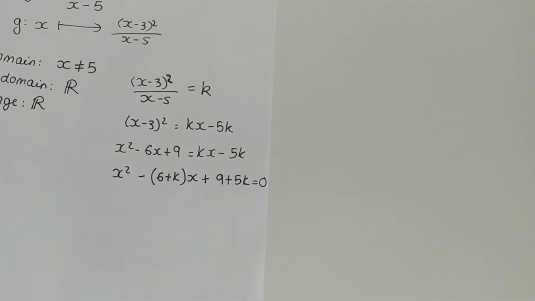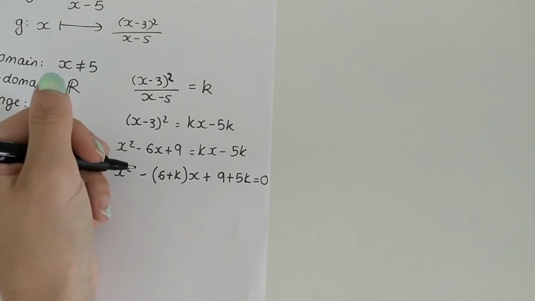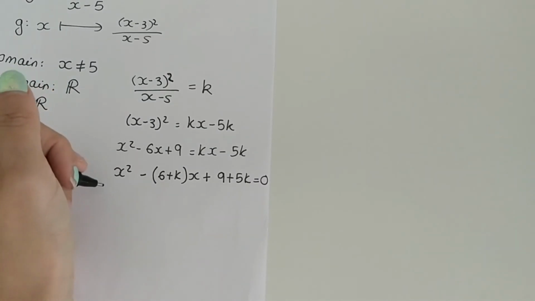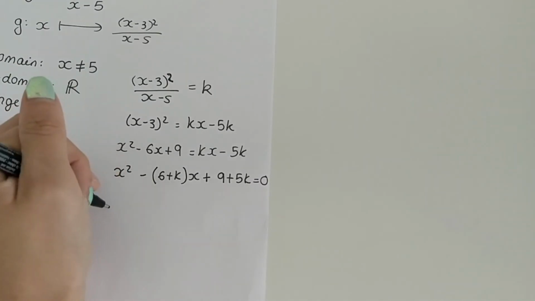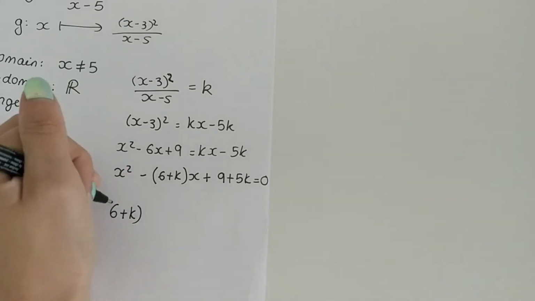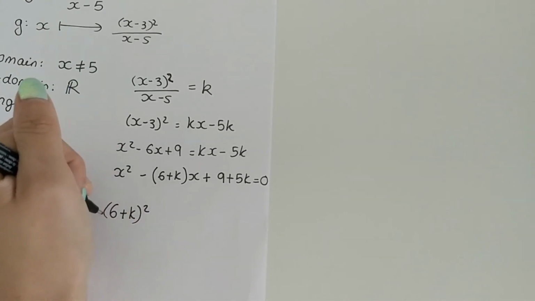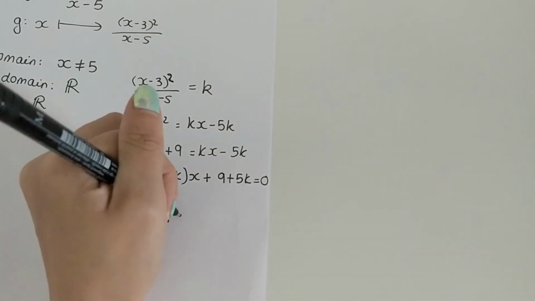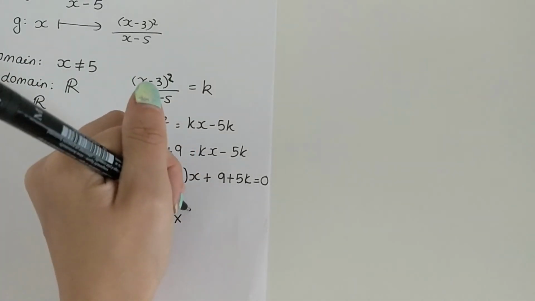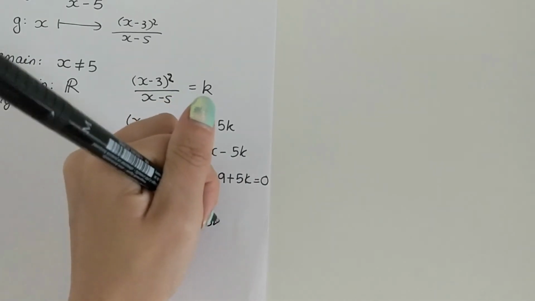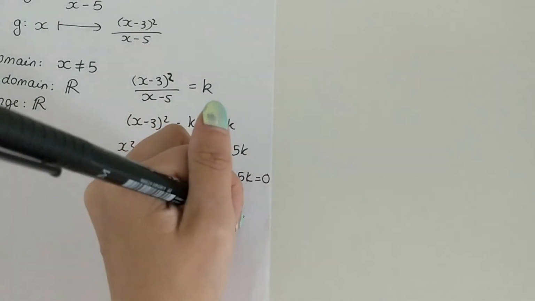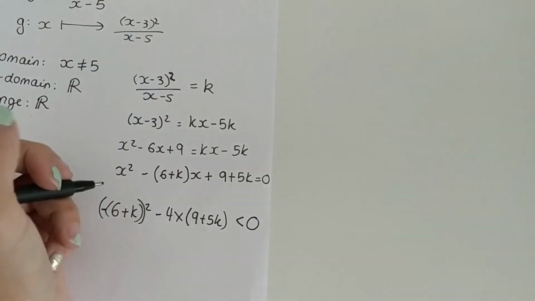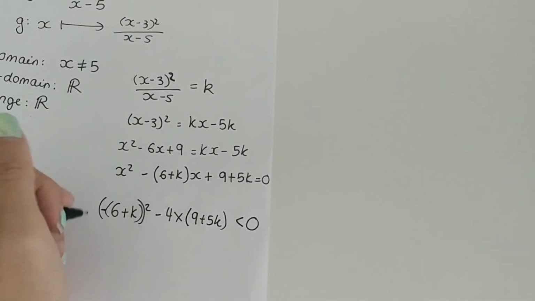Okay, so I've got a quadratic. What's the discriminant of this? b squared minus 4 times a times c. If the discriminant is negative, then this would be unsolvable. Okay, so can I make this negative?